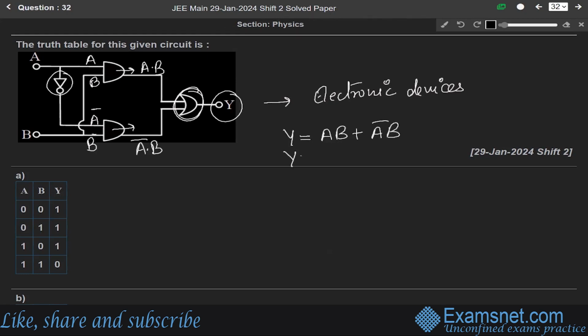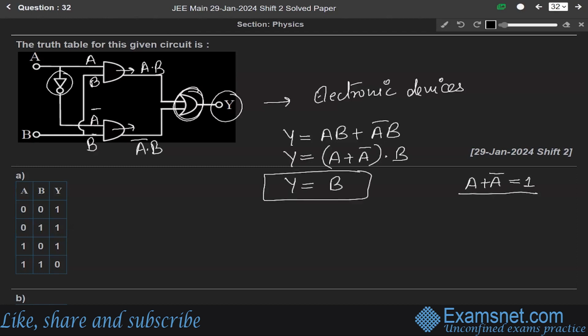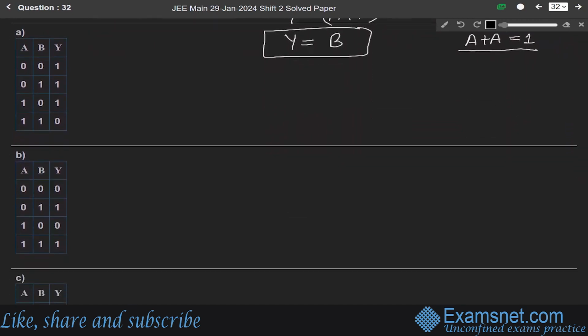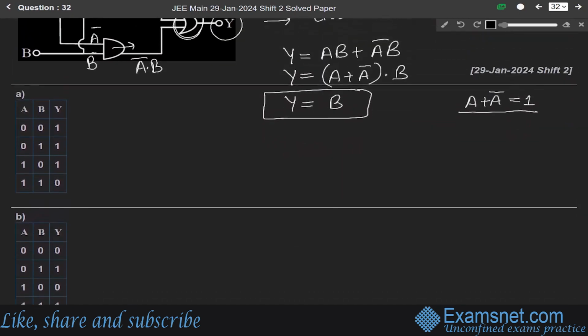So using Boolean algebra, Y output will be equal to (A plus A bar) into B. And from the property A plus A bar equals 1, Y will be equal to B. So the truth table which is satisfying this equation, let us see from option A. In option A, if B is 0, the output must be 0, but here the output is 1, so this is not the correct answer.